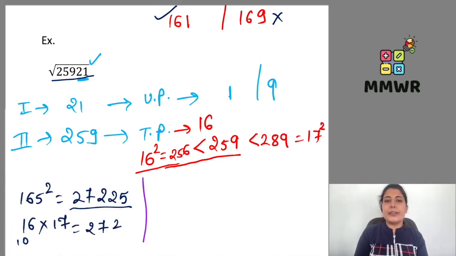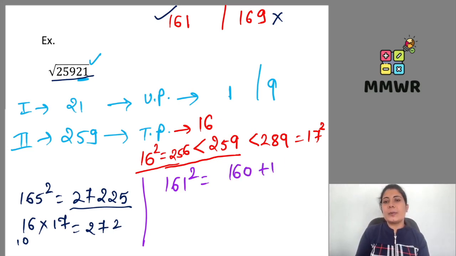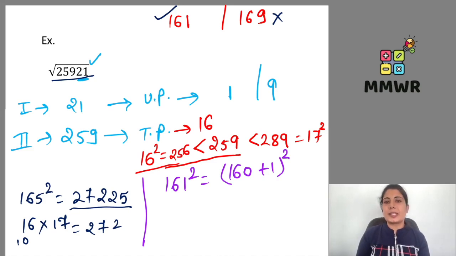So let's quickly find out the square of 161. Now we can split the number in the smartest way. So this can be written as (160 plus 1) whole square. It can be written as 100 plus 60 plus 1 also, but that will be a lot of time taking. So why waste time? Like we know the square of 16, so we can directly do it. 16 square is 25600. 1 square is 1.